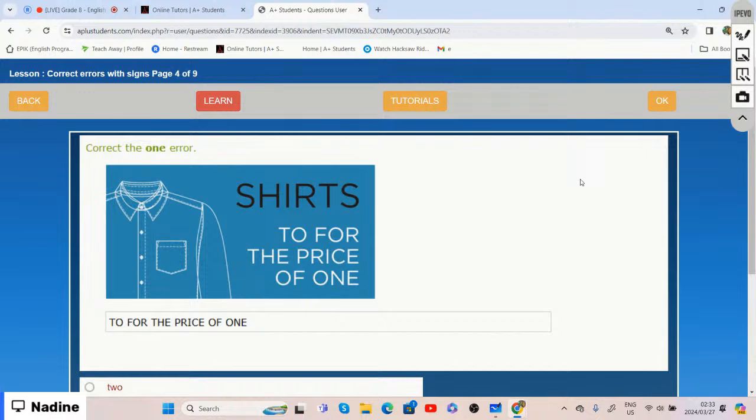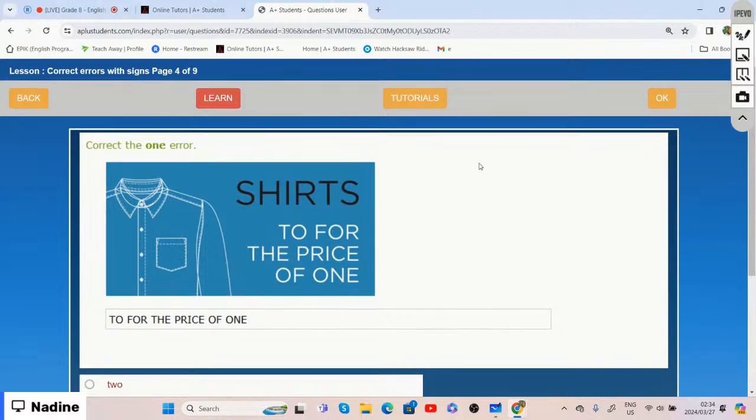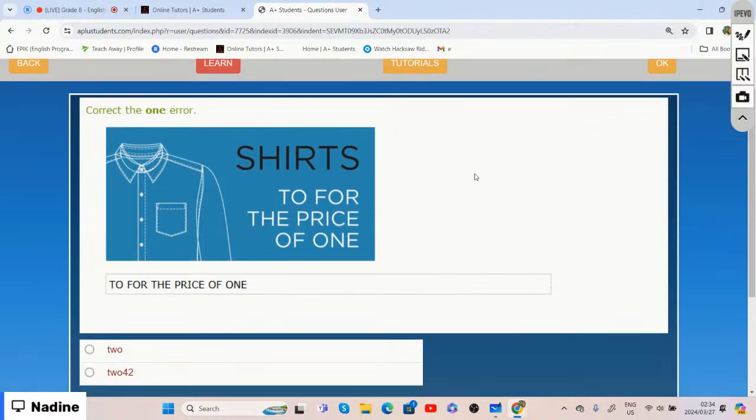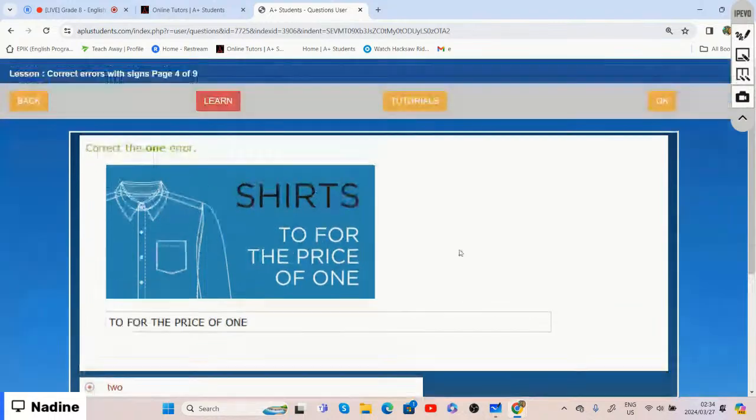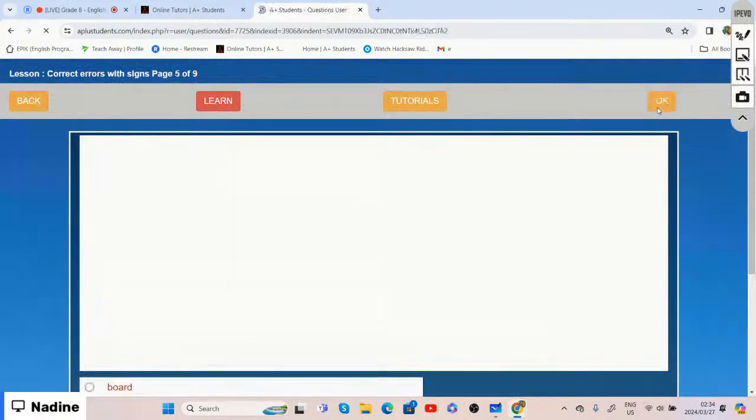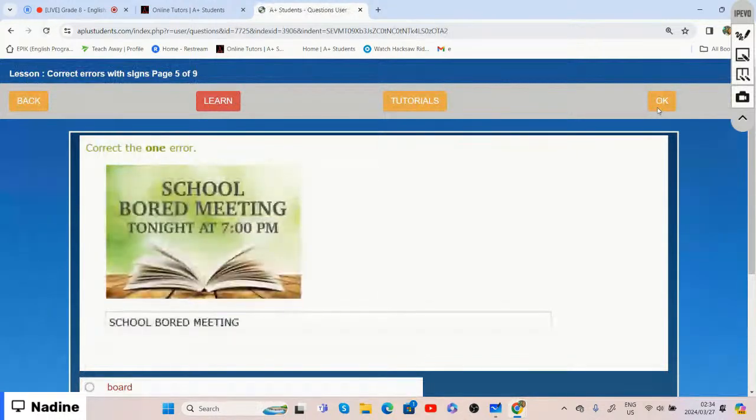If you look at the word to, it's T-O, right? It's like saying to or from. That is the to that we're talking about, but not the two as in number two for the price of one. So if we were to correct it, we would choose the first option, which is two. It's like saying two items for the price of one. So you have two items that you buy and you pay for one.